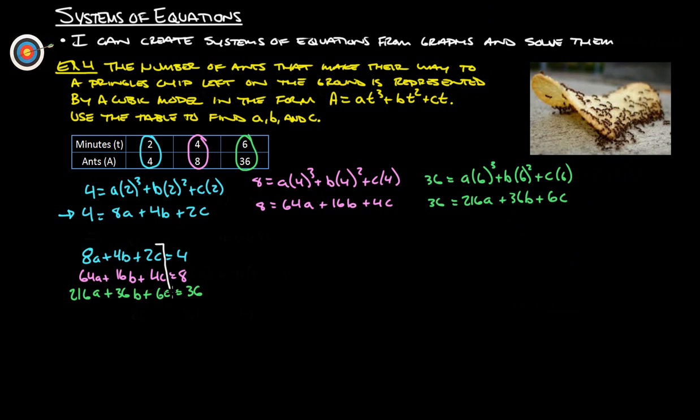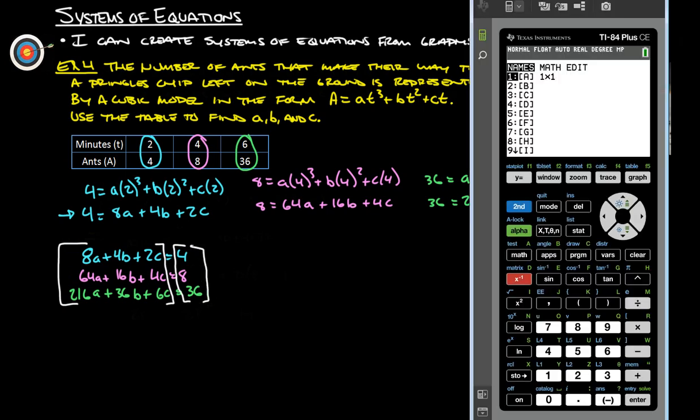This here is going to be one matrix, and this here is going to be our other matrix. Okay, so we want to go over to edit, push enter, and this matrix A is 3 rows by 3 columns. So we do 3, enter, and then we're just going to enter in all these numbers without the a's, b's, and c's.